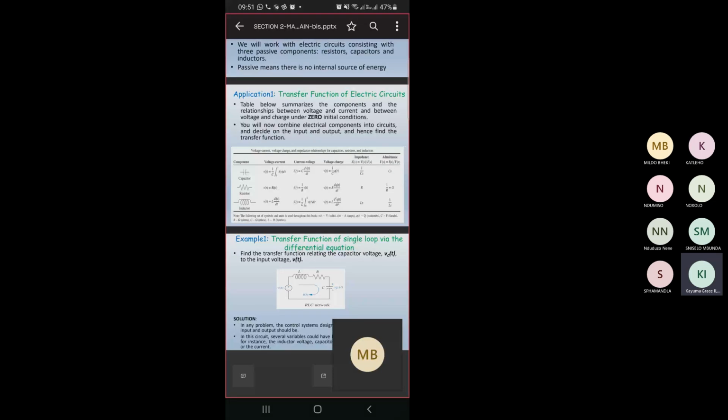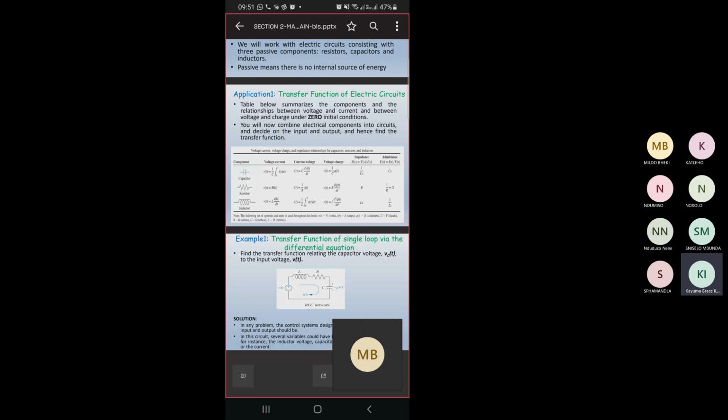So we are going to consider the resistor, capacitor, and inductor in the modeling of electrical circuits. As you can see, we are going to summarize the relationship between the voltage and current, and the voltage and charge of those components. And we consider all the initial conditions equal to 0.